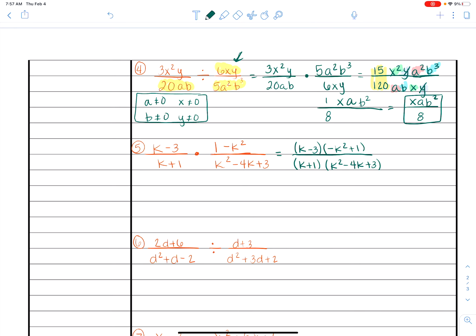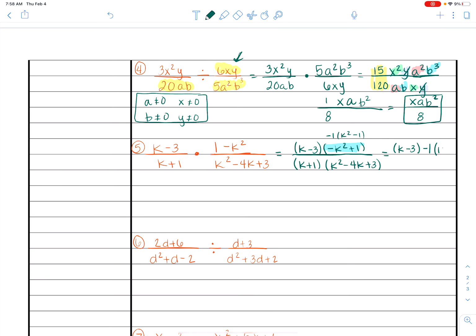Okay, now that I have it set up, now I'm going to factor anything that can be factored. K minus 3 cannot be factored, so it's going to stay. This term can be factored, and if the very first number is a negative, we're going to take a negative 1 out first, and then that means we've got k squared minus 1.